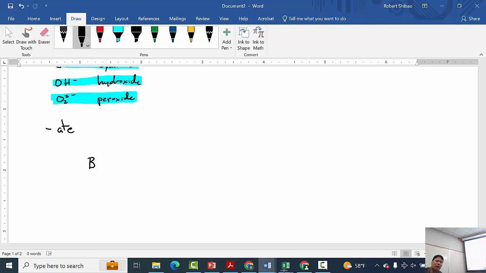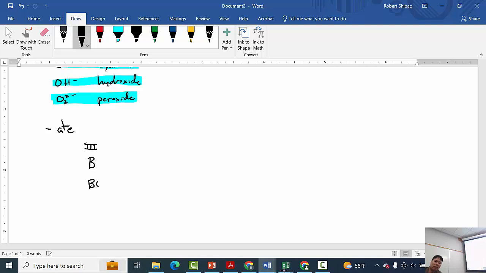One is the element B. Element B is what? Boron. What group is boron in? Roman numeral. What Roman numeral group is B in? 3. So, yeah, it would be in group 3. And boron forms an ion called borate.